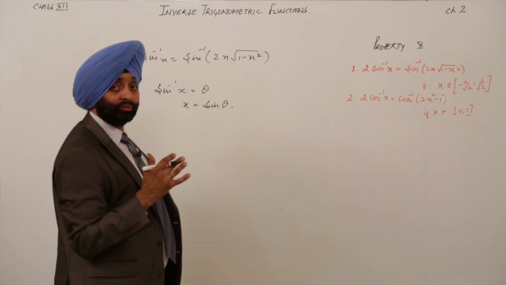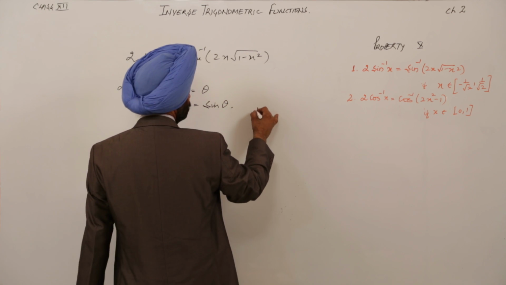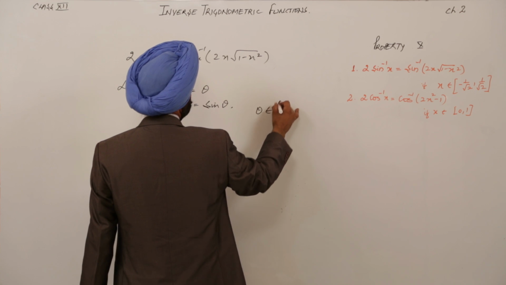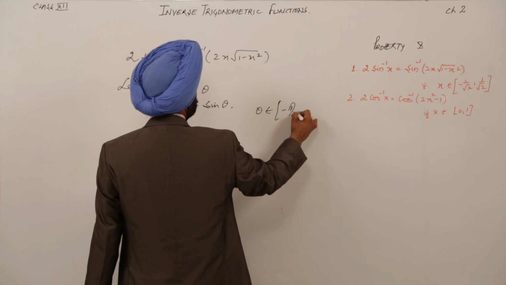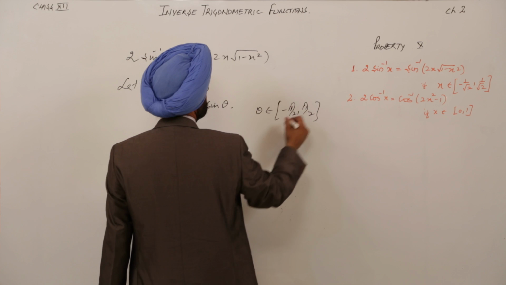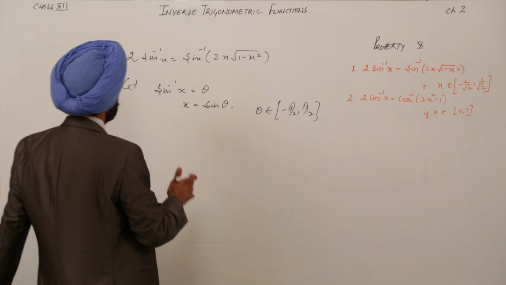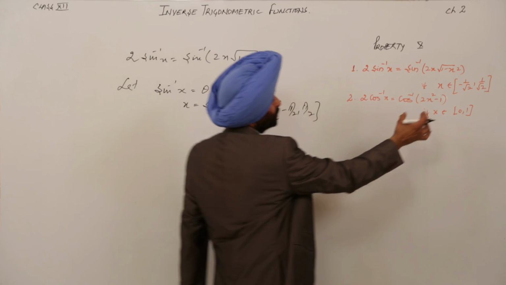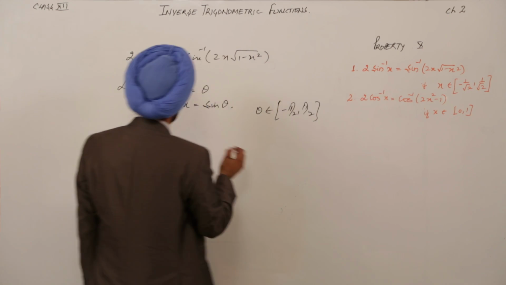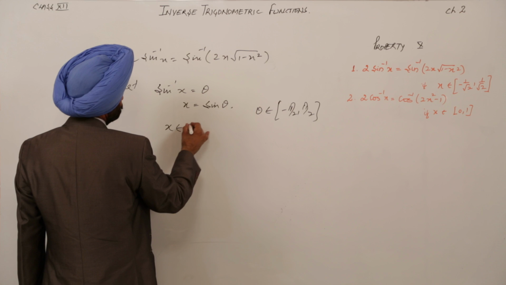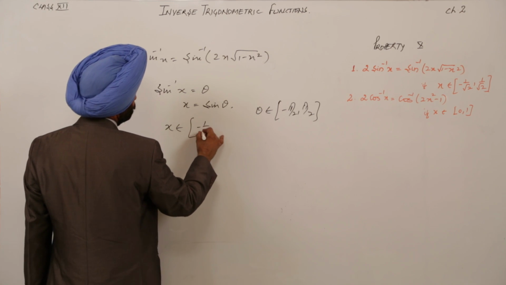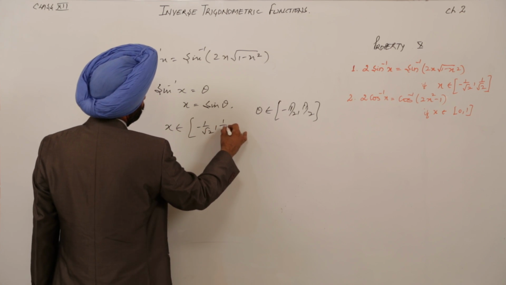Now for the inverse part, theta belongs to minus pi by 2 comma pi by 2 as the principal values. Okay, we know that theta belongs to this. Now what does x belong to? Here x belongs to minus 1 by root 2 comma 1 by root 2.